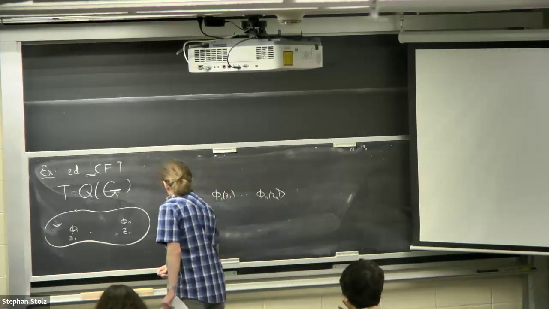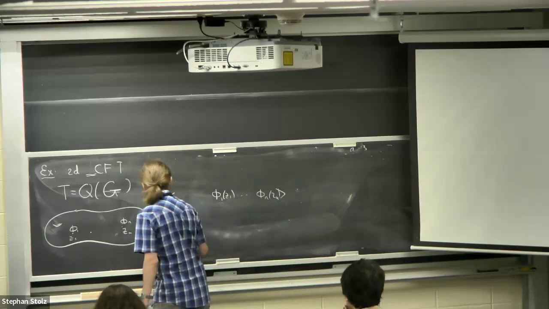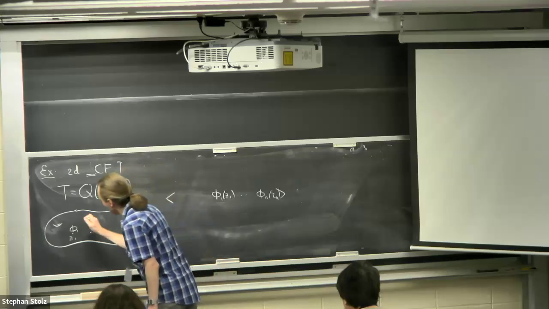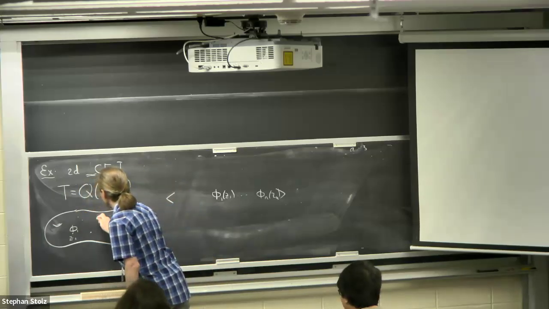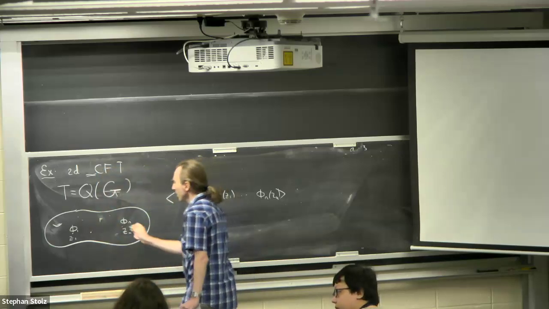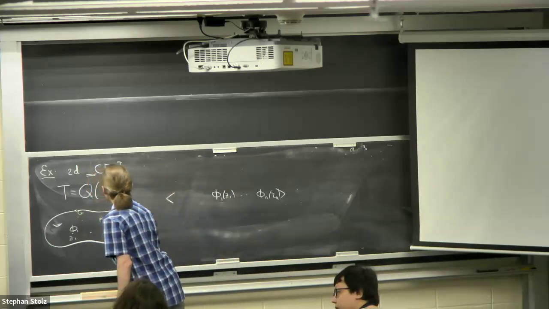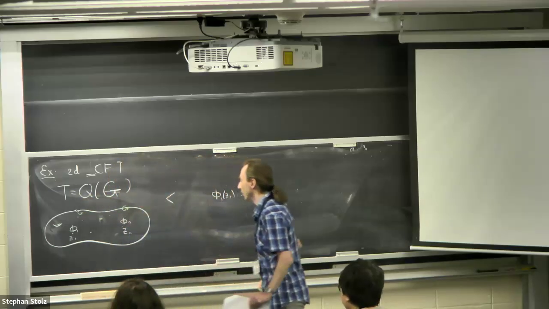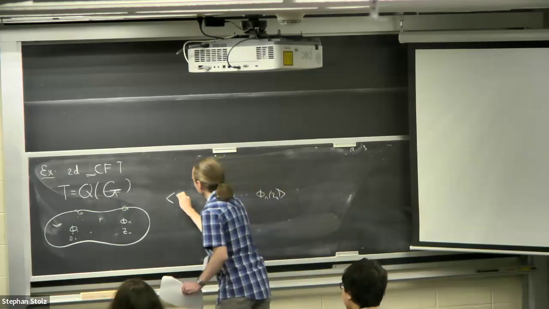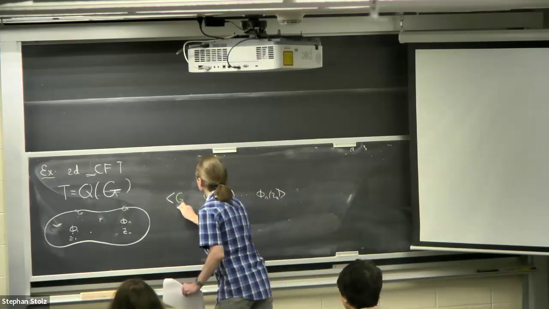It's also useful to have a separate set of green punctures, where you put this field G, the superpartner, if you like, of the stress energy tensor. So you put several copies of the field G.